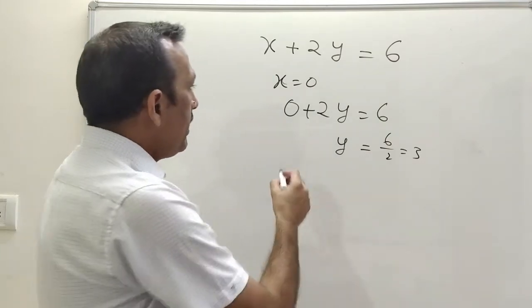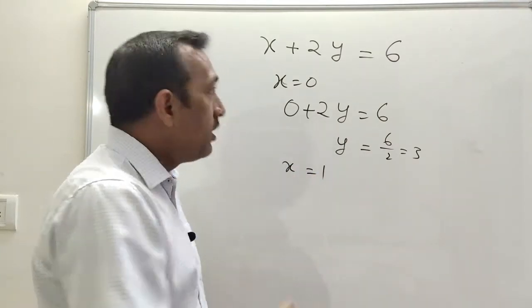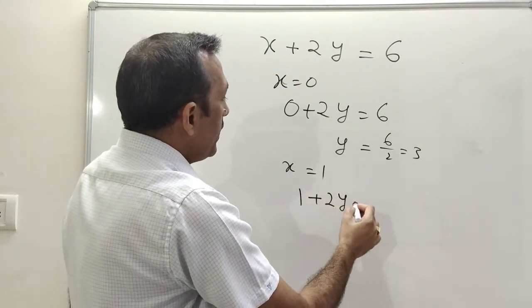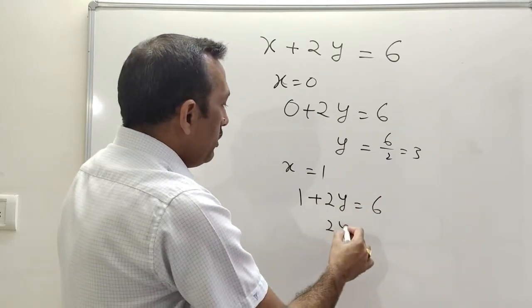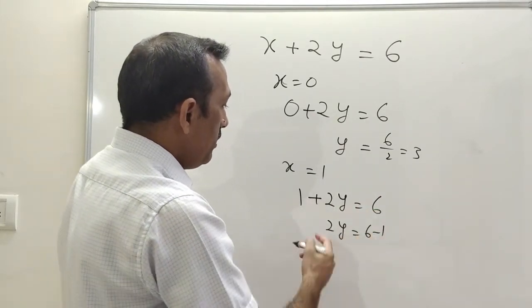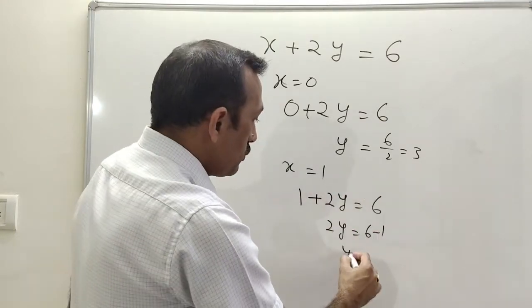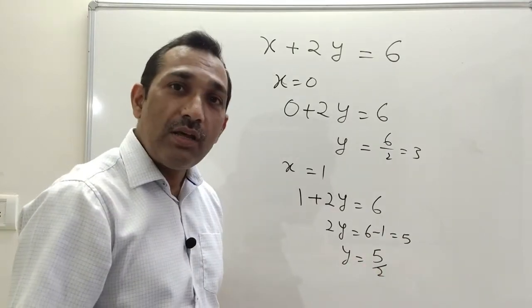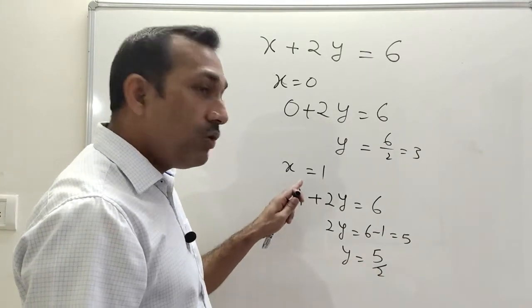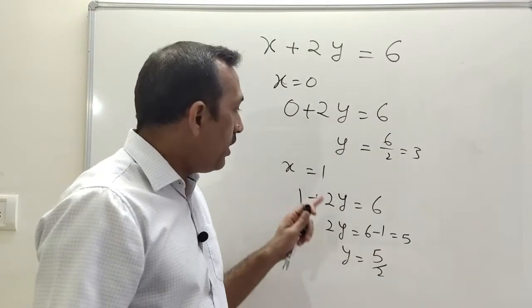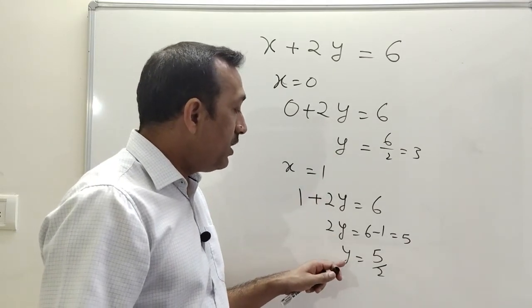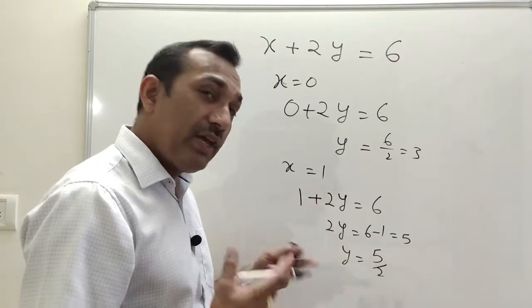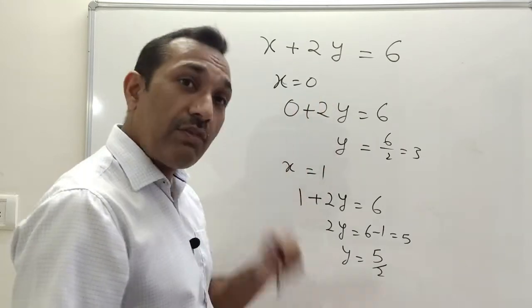Now if I take another value, say x equal to 1, what will happen? 1 plus 2y equal to 6, and 2y equal to 6 minus 1, this will go to the other side, the sign will change. So y equal to 5 by 2. What happened? I got another value. So if I keep changing the value of x, I will keep getting one value of y for each value of x, and these will satisfy the equation.